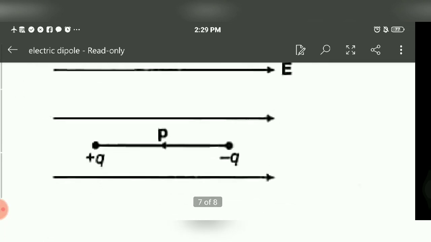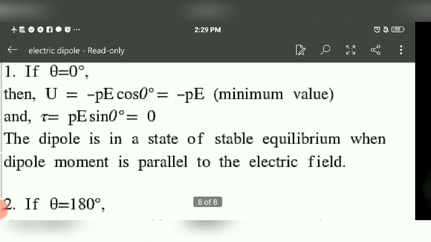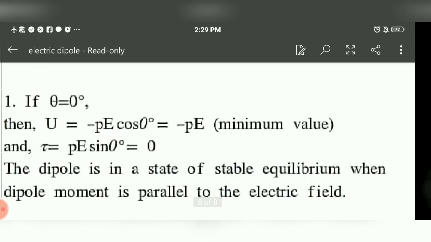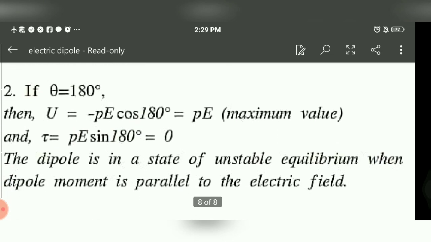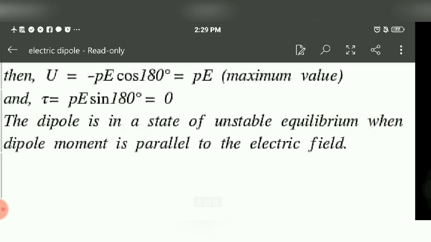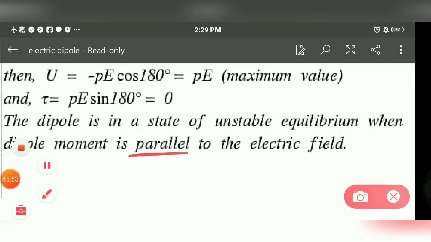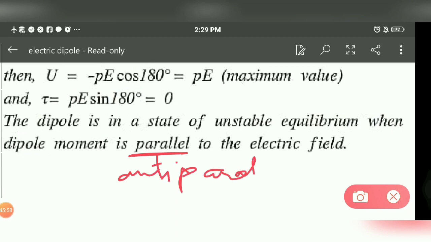In unstable equilibrium P and E are in opposite directions. So when theta equals 0, potential energy is minimum and tau is 0, so the dipole moment is parallel. And when theta equals 180, potential energy is maximum. So that's why it's unstable, it's trying to attain a stable state. Tau is again 0. In this case the dipole moment is anti-parallel to the electric field.